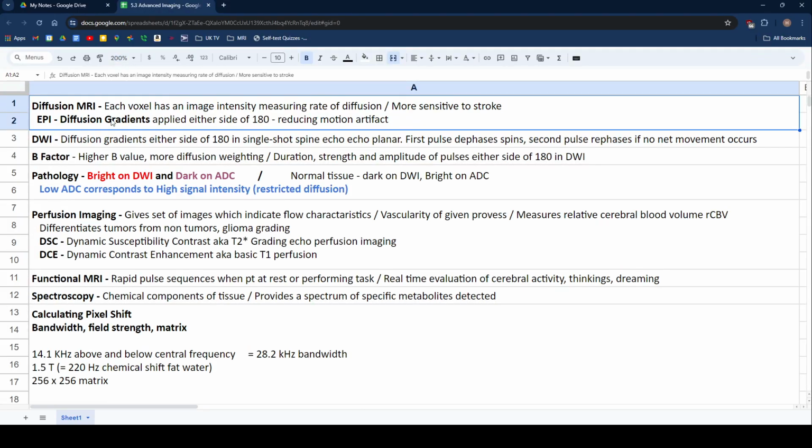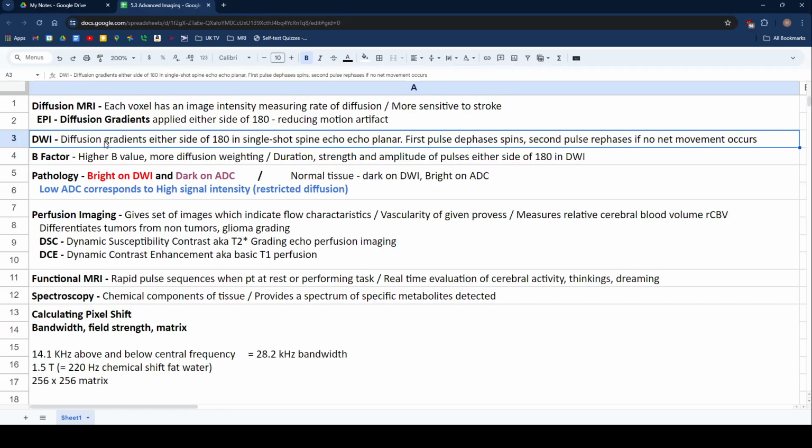So diffusion MRI, each voxel has an image intensity measuring rate of diffusion, more sensitive to stroke. EPI is diffusion gradients applied to either side of the 180 to reduce motion artifact.